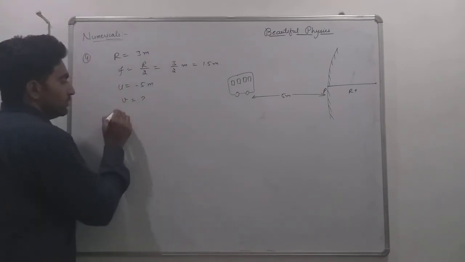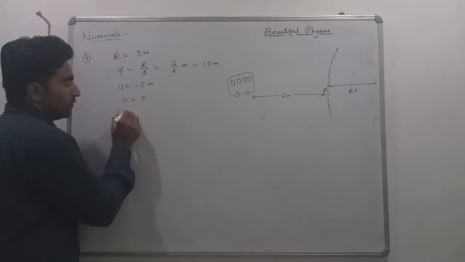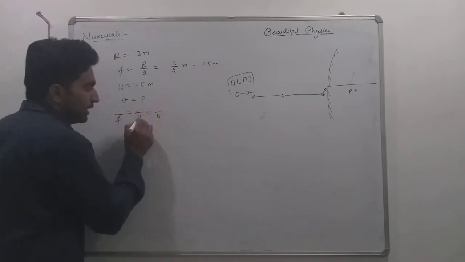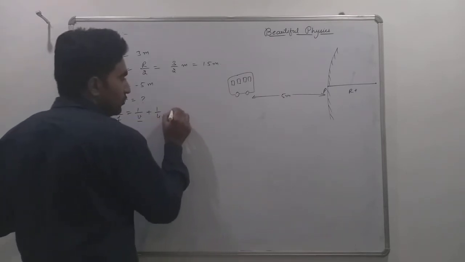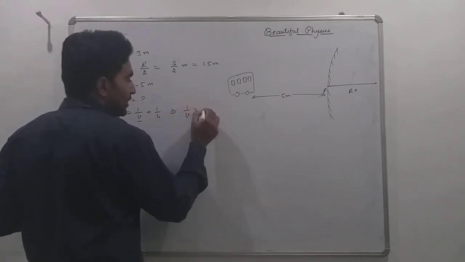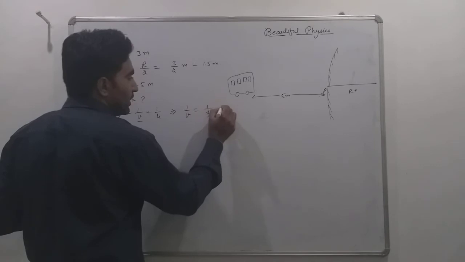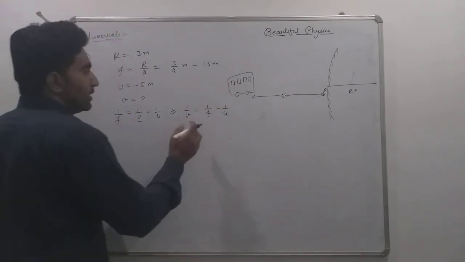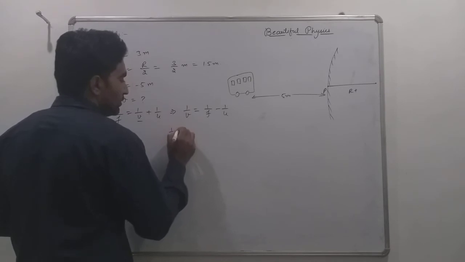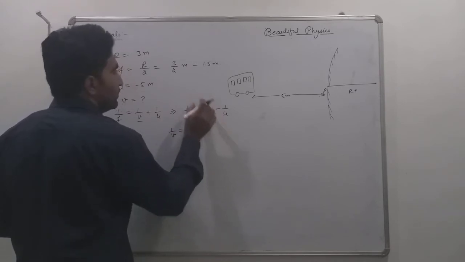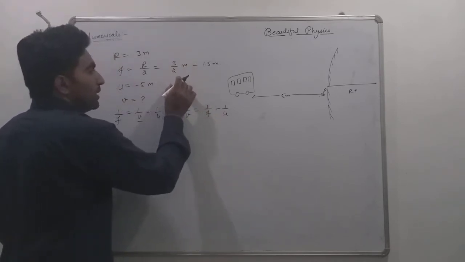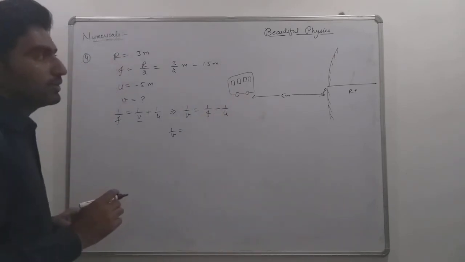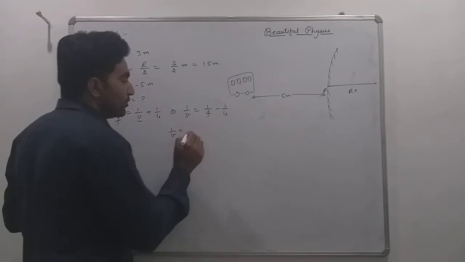So we will again use the mirror formula. 1 by f is equal to 1 by v plus 1 by u, and here we have to find the value 1 by v, and 1 by v will be equal to 1 by f minus 1 by u. Let's put the values one by one. 1 by v will be equal to, in place of f we will put 3 by 2, but positive here because the radius of curvature and the focal length of a convex mirror is always positive.